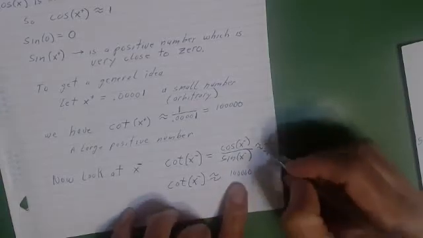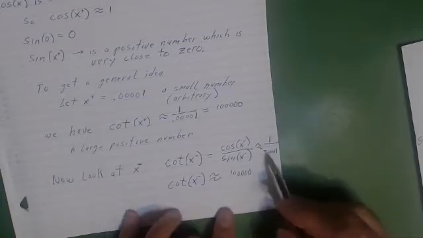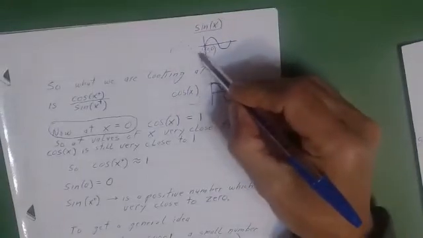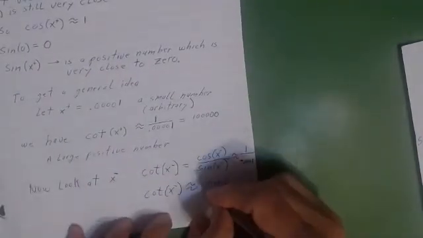But you got to recall you had a negative sign on this small number because of this sine function, right? This sine value is negative as you're approaching x from the left.